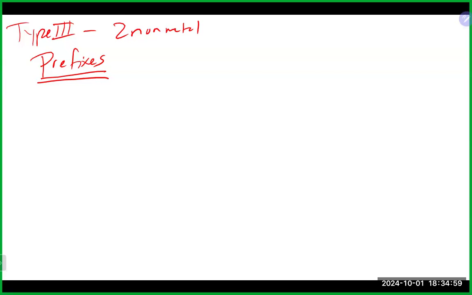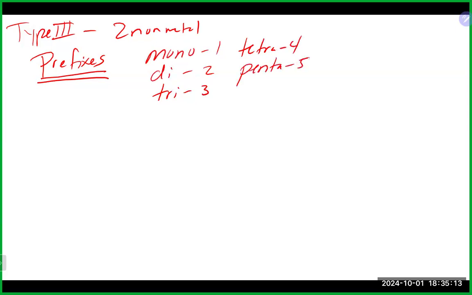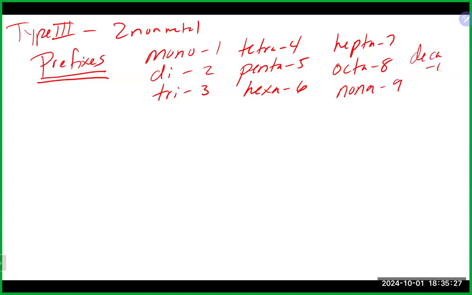That is a mono for 1, a di for 2, a tri for 3, a tetra for 4, a penta for 5, a hexa for 6, a hepta for 7, octa for 8, a nona maybe for 9, and a deca maybe for 10. Could be making those up, maybe. We'll see. So these are the prefixes that we use.